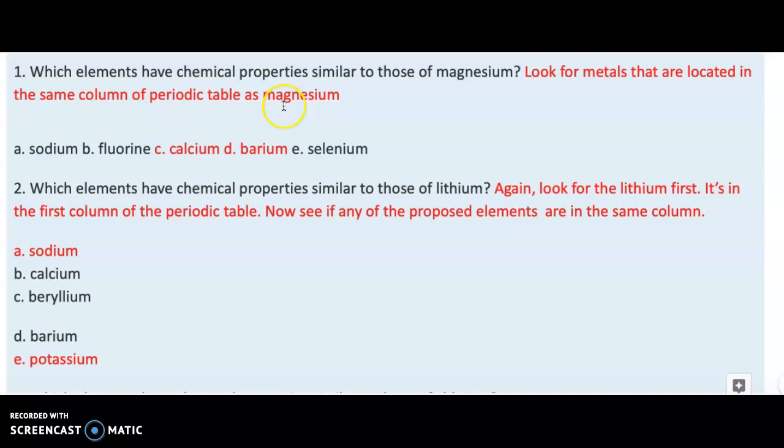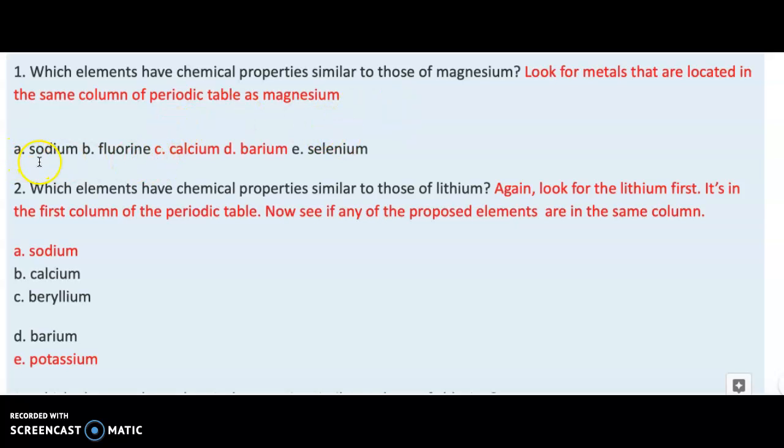So, for chemical properties similar to those of magnesium, you're looking at the same column that magnesium is located in. Any other element located in the same column as magnesium has the same chemical properties.